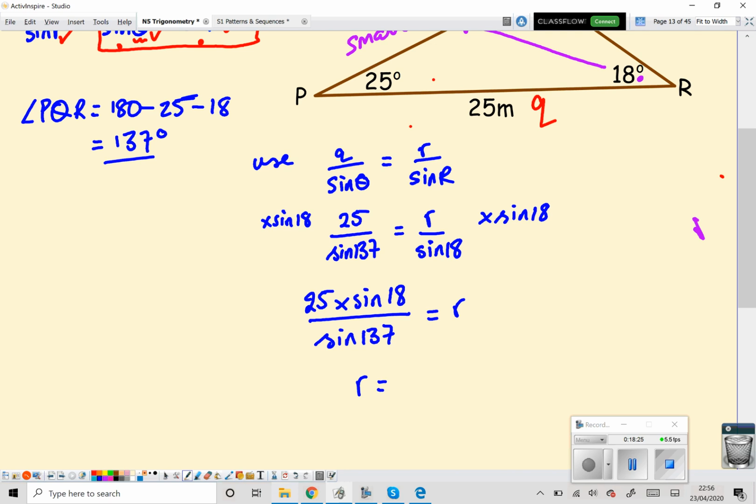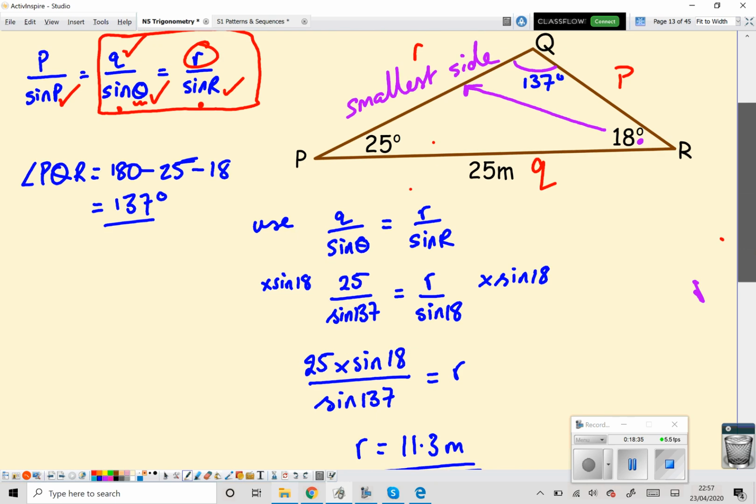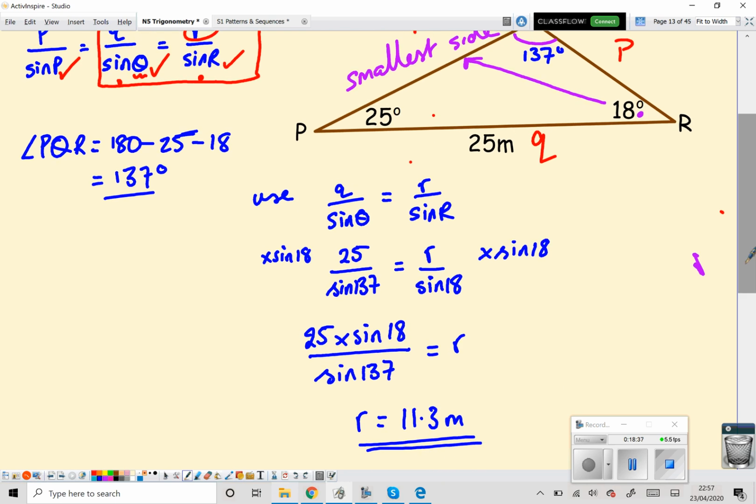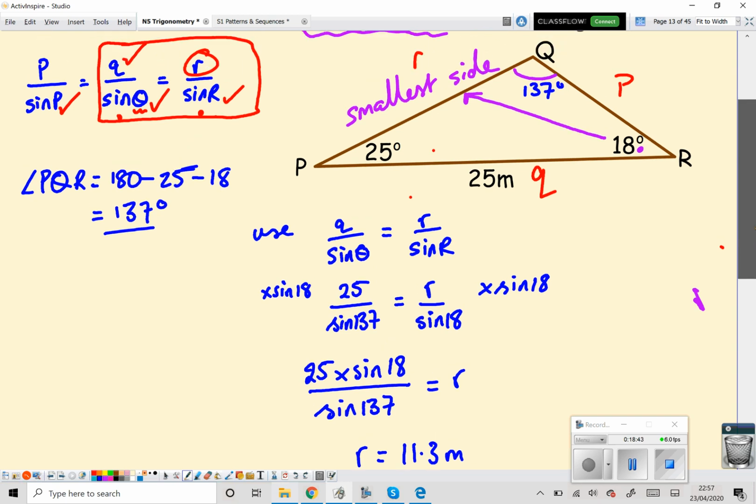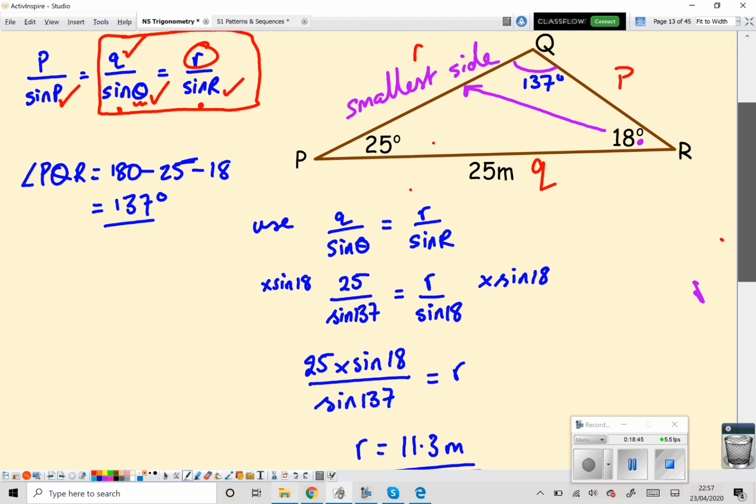Punch that through the calculator. Remember to close off any brackets so you don't run into math errors. And r is 11.3 meters. Which is useful, because 11.3 meters is less than the 25 meters, so we know we've not gone off track. And that's the shortest side of the triangle.